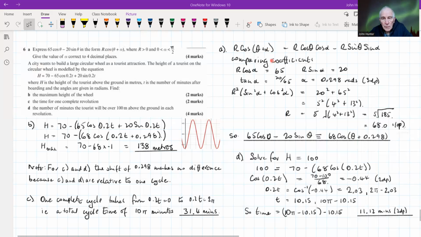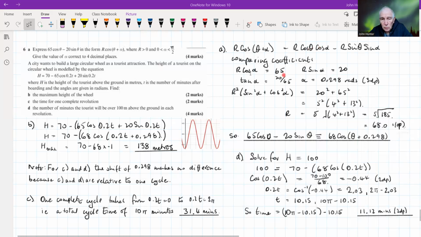So if we compare coefficients, first of all, of cos theta, we see that 65 is going to be equal to r cos alpha. Comparing this expression to that expression. And then 20 is going to be equal to r sine alpha. So that's what we've got there.